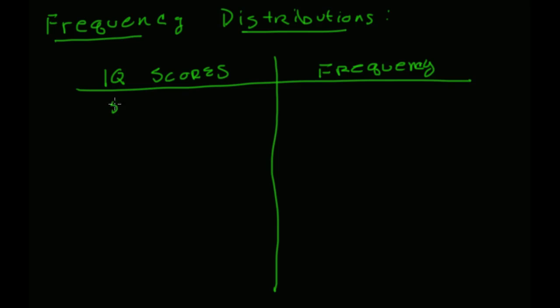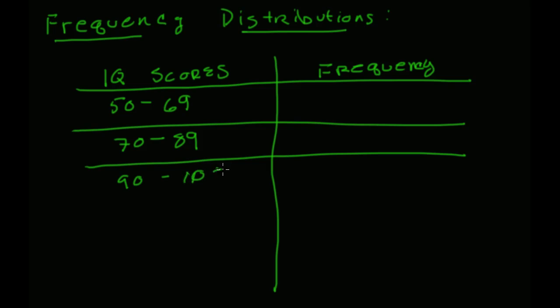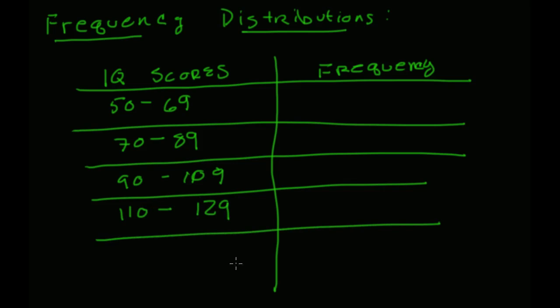So I have a 50 to 69 class, a 70 to 89 class, a 90 to 109 class, a 110 to 129 class, and a 130 to 149 class.